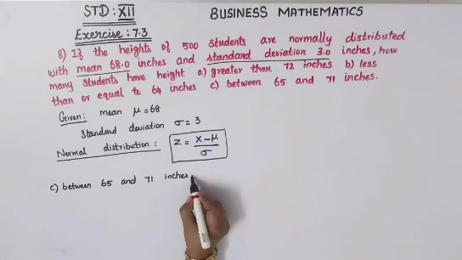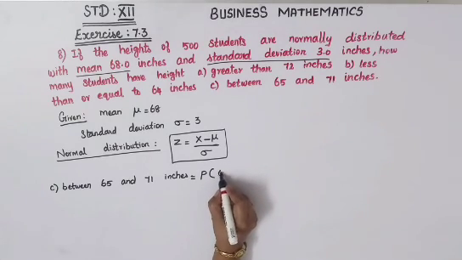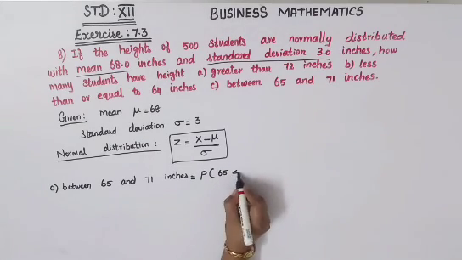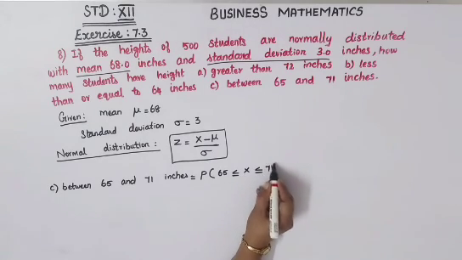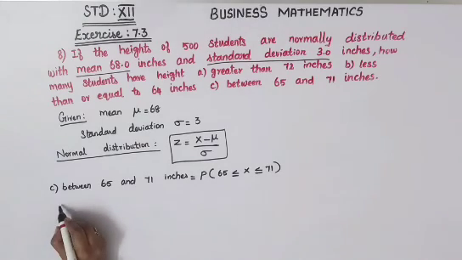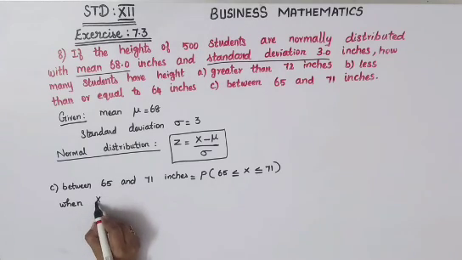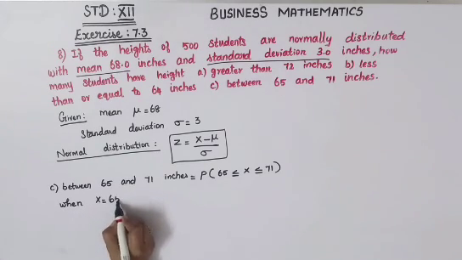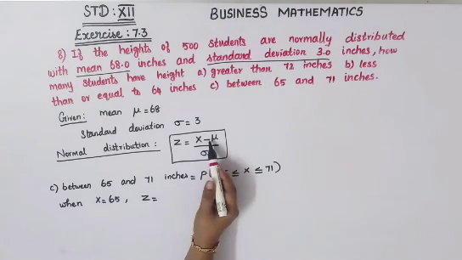So you can write this as P of, that is probability of 65 less than or equal to X less than or equal to 71. That is from 65 to 71 we'll have to find the value. Okay. So first when X is equal to 65 we'll have to find Z. So when X is equal to 65, Z is equal to, you'll have to substitute in this formula.